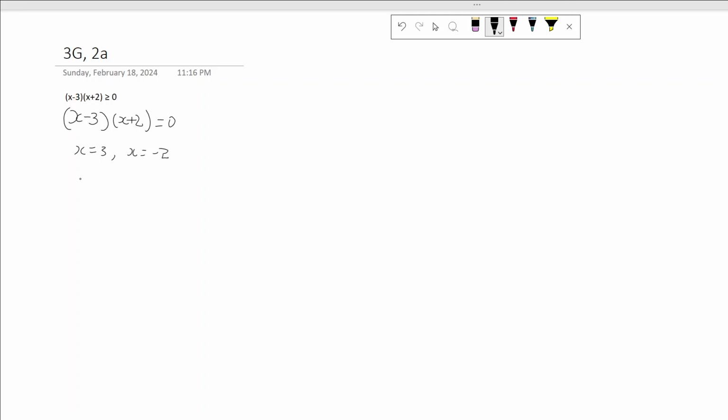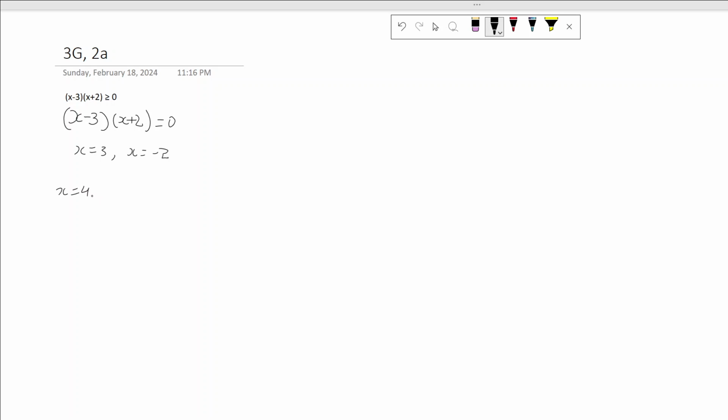Okay, so now what we need to do is find the other values for which the expression is greater than 0. Okay, so let's see. Now x = 3 here, so let's set the value of x = 4 and substitute in the inequality above.